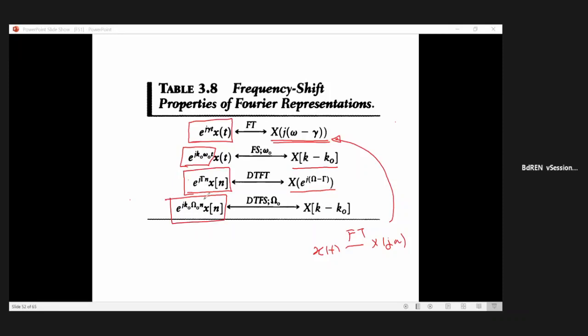So this factor will appear as a consequence of that frequency shift. That frequency shift is associated with a complex multiplication factor in the time domain. And your time shift occurs effectively as a complex multiplication factor in the frequency domain.